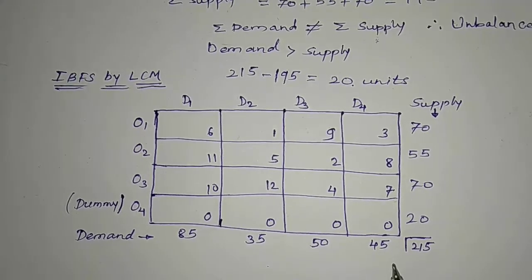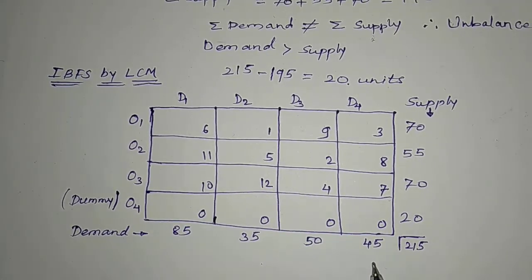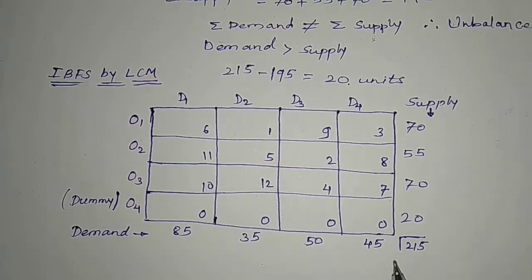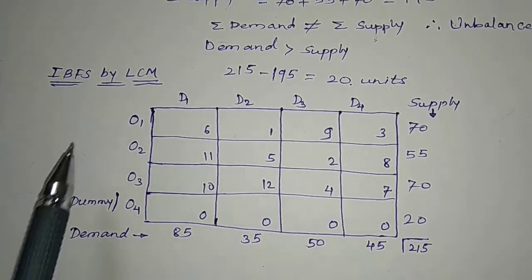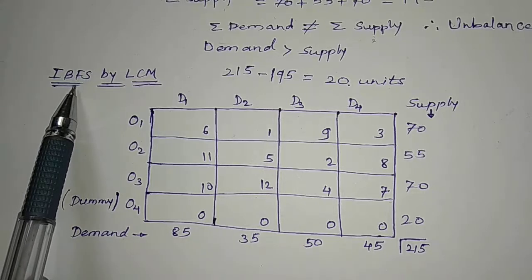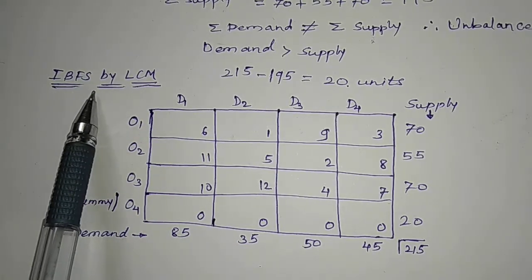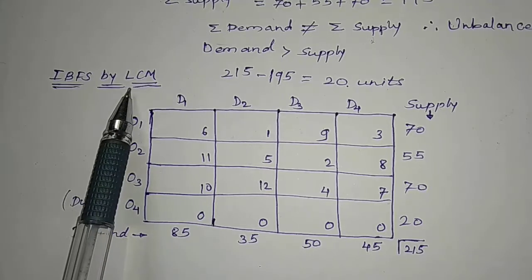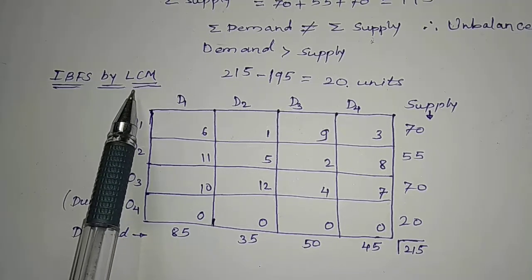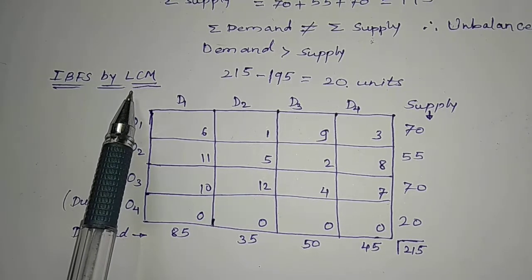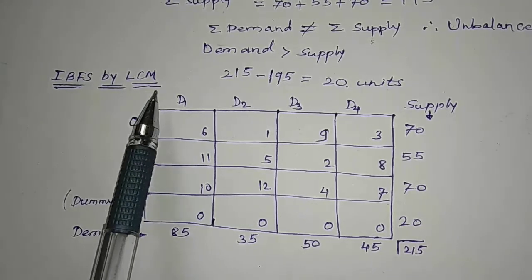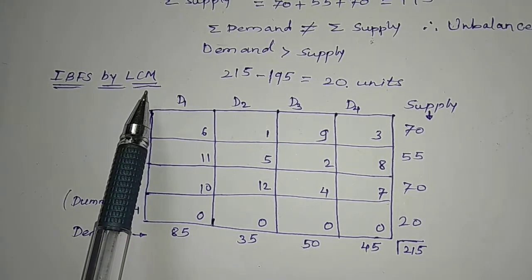Now once the given problem is balanced, we can apply any initial basic feasible solution method. That means we can obtain the IBFS by any of the methods: LCM, northwest corner rule, matrix minimum method, row minimum method, column minimum method, or VAM.